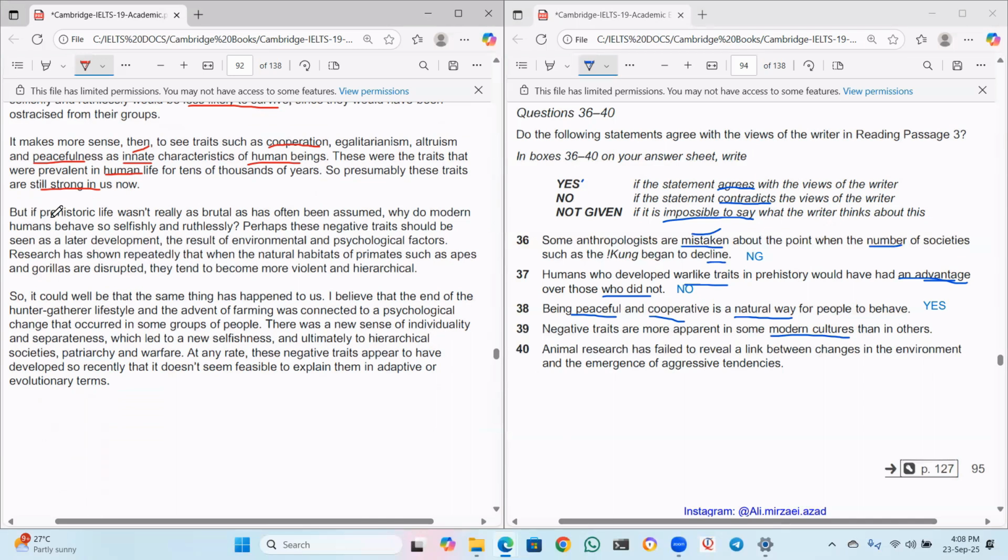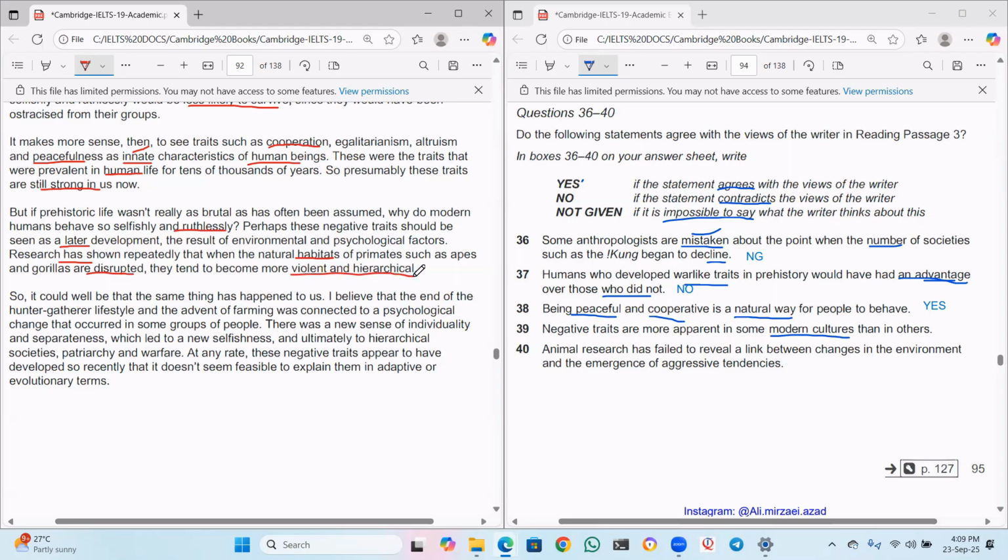But if prehistoric life wasn't really as brutal as has often been assumed, why do modern humans behave so selfishly and ruthlessly? Perhaps these negative traits should be seen as a later development, the result of environmental and psychological factors. Research has shown repeatedly that when the natural habitats of primates such as apes and gorillas are disrupted, they tend to become more violent and hierarchical.